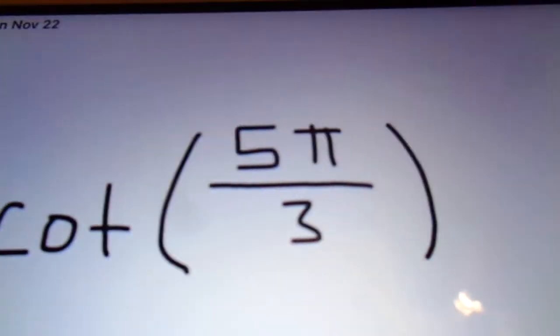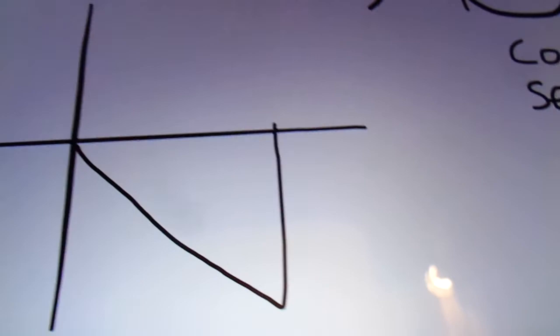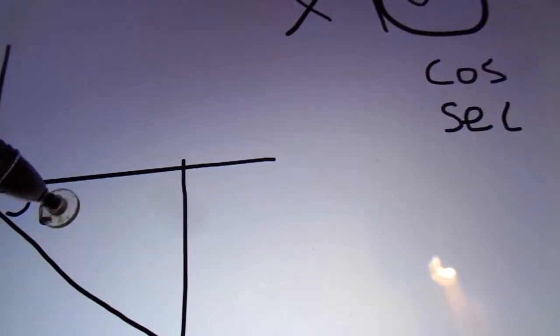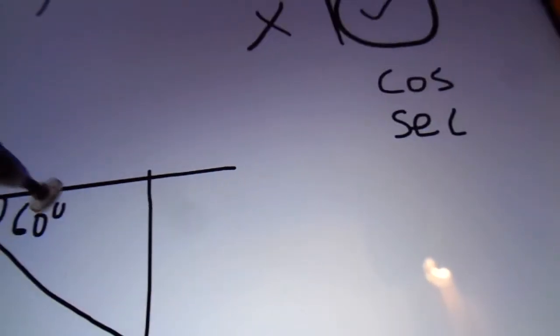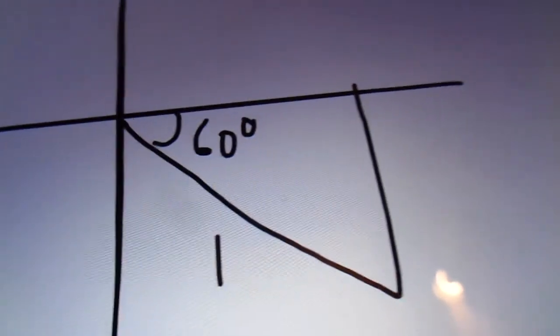So now we'll draw our reference triangle. By the rules we said, the denominator is 3, so that means we have a reference angle of 60 degrees. So we would draw it like that, and 60 degrees is the reference angle. We always know that our hypotenuse or radius is 1 because it's a unit circle.